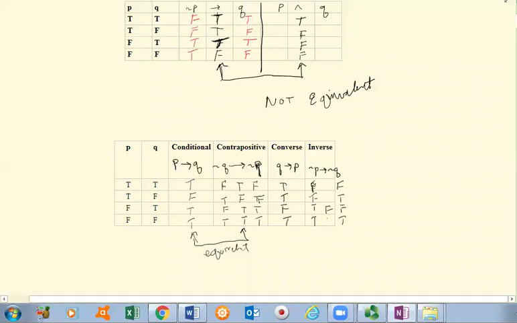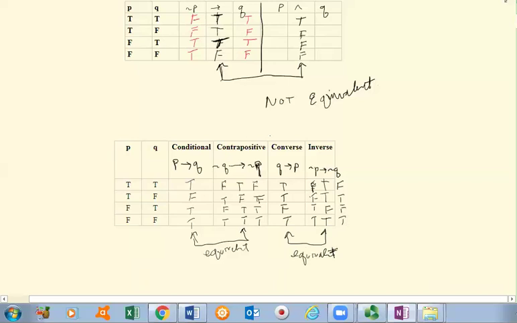True followed by false. The rest of them are trues. And what you notice about these two is that they are the same. So, equivalent.